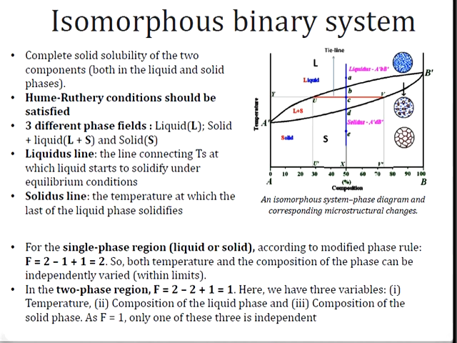Now we want to describe the regions of single phase and two phase equilibrium and the various lines that separate the phase boundaries. The liquidus line you see here separates the single phase liquid from the liquid plus solid phase, whereas the solidus line represents the boundary that separates the liquid plus solid region from the solid region.